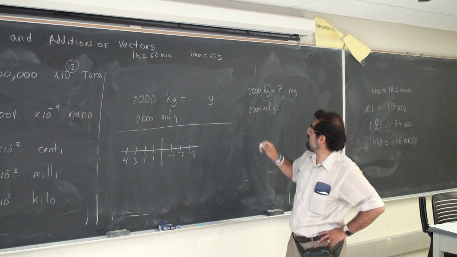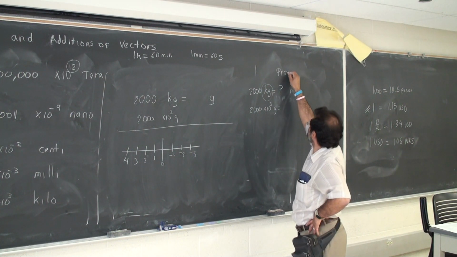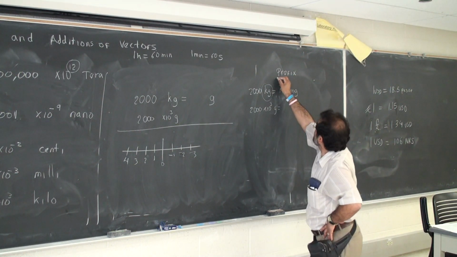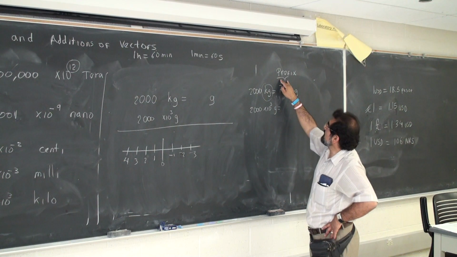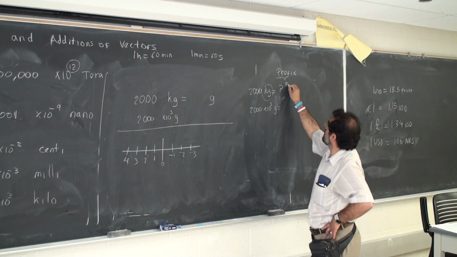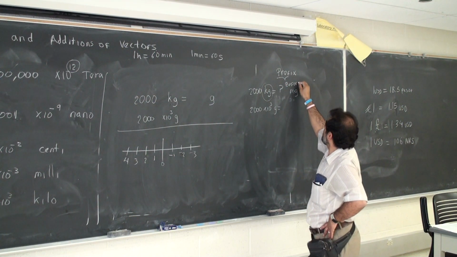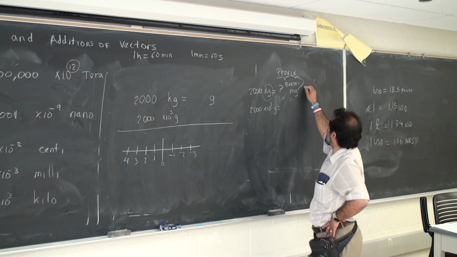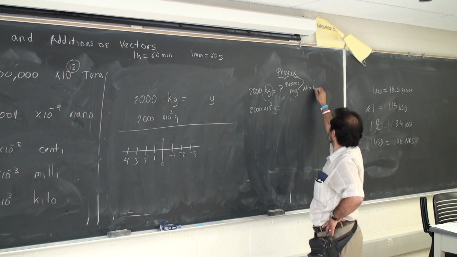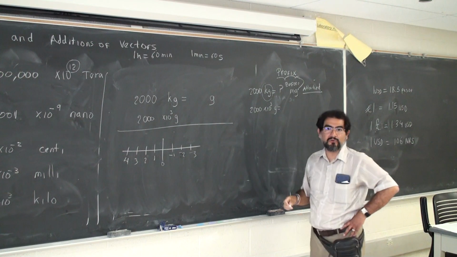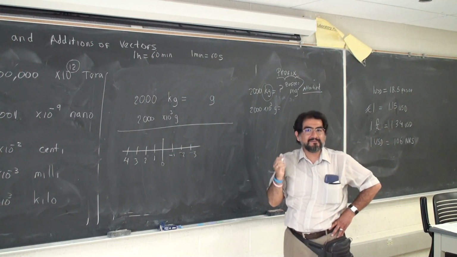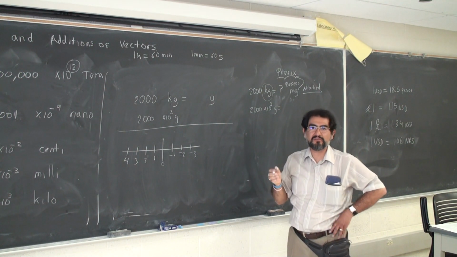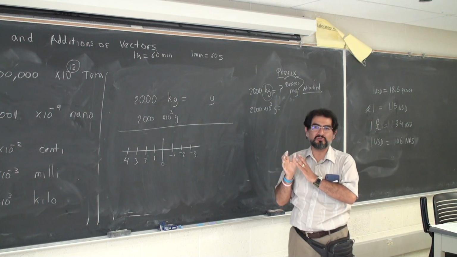So try to remember that a prefix is basically the meaning of pre, that means before, and fix, that means attached. So one prefix never can be alone. It's always before and attached to one unit.